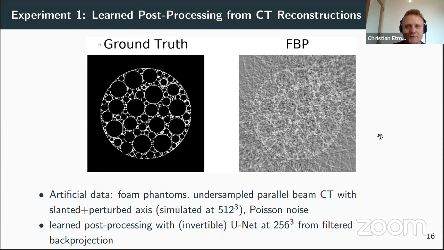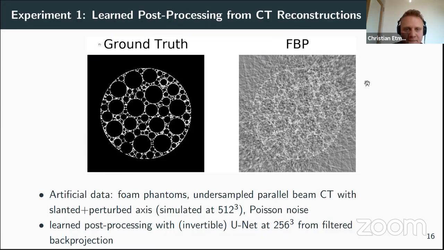And what we did is create these artificial foam phantoms of undersampled parallel beam CT data, where we actually have a slanted and perturbed axis, such that really the 3D case is what we need in order to be able to denoise low quality filtered back projection reconstruction.